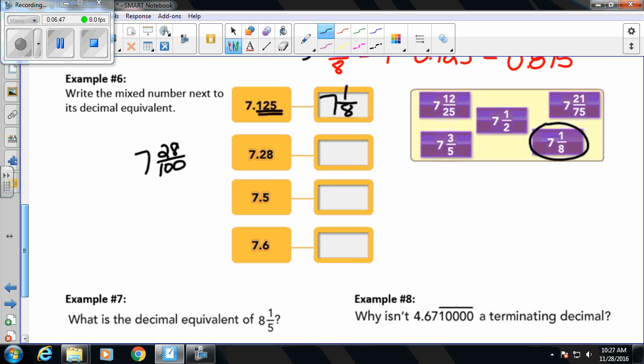When I do some reducing, 4 goes into 28 7 times, and 4 goes into 100 25 times. 7 and 7/25 is not a possibility, but I do see 7 and 21/75. If I multiply the numerator of this by 3 and the denominator by 3, I get 21 over 75.